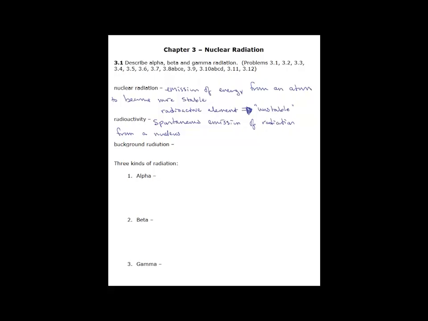And remember that the nucleus contains the protons and the neutrons. So we're going to see a change in the number of protons and perhaps the number of neutrons. Whereas in Chapter 2 we were talking about electrons and electron arrangement, and that's how the periodic table is arranged. So start shifting your mindset. Chapter 3 is more with the nucleus, so the protons and the neutrons.